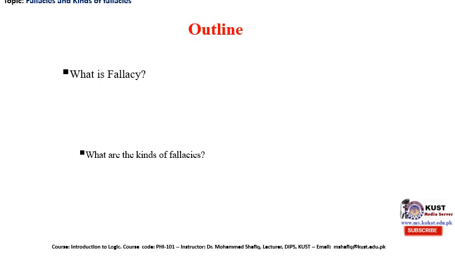However, a fallacy, whether committed intentionally or unintentionally, is a fallacy. So the study of fallacy enables us to avoid these and fulfill the purpose of logic, which is to differentiate between correct and incorrect reasoning.